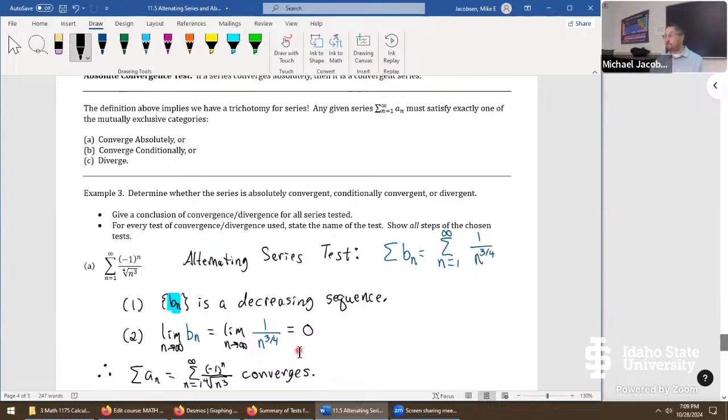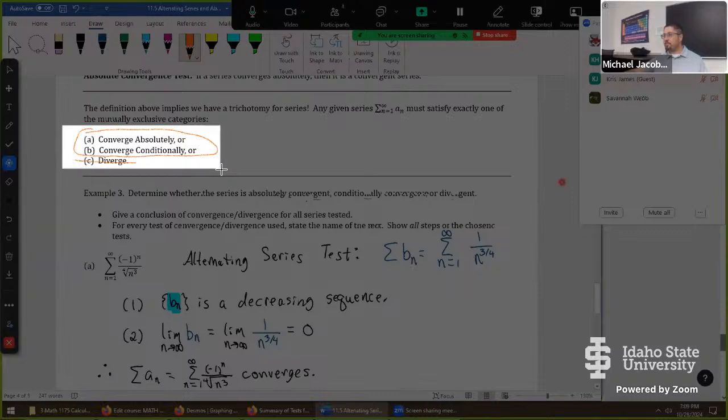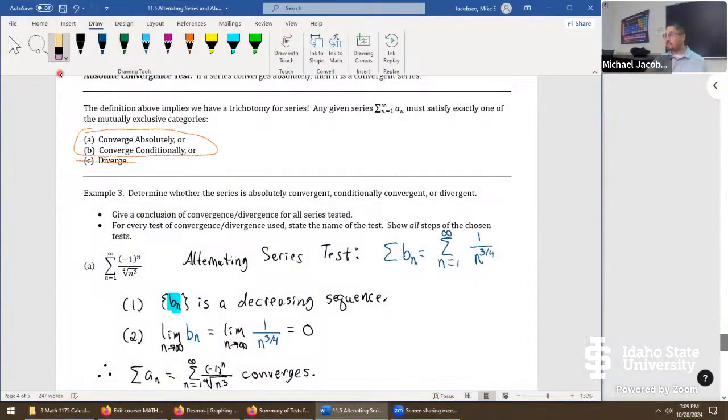So that's our very first step. We found convergence of this series, but that just means we've eliminated that possibility, and we need to find out what type of convergence. Let's put this on the notes just to convey what we're doing next.